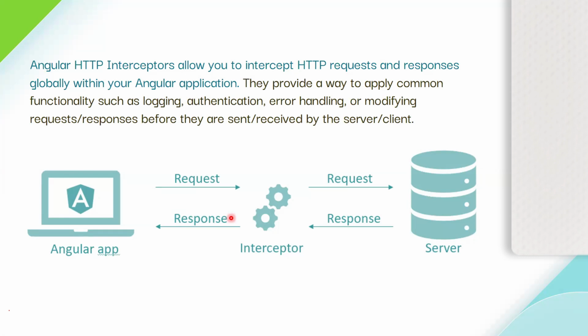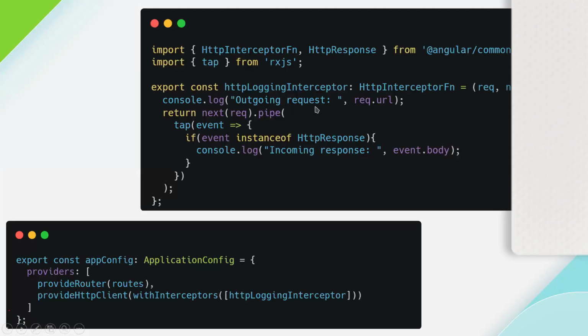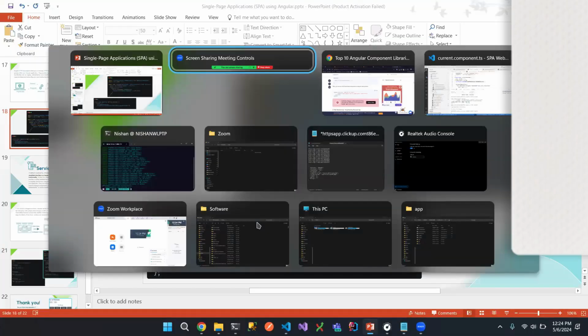So yeah, let's try to implement an interceptor or rather a middleware in Angular within 5 minutes, because now we have this HTTP weather service, right? Let's try to create an interceptor.